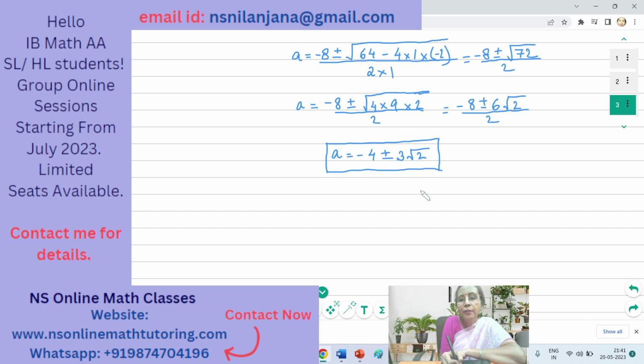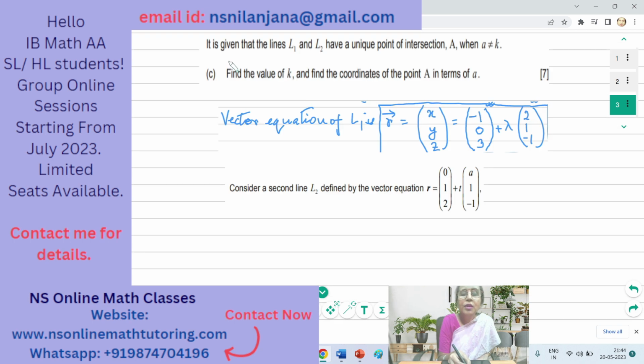So we have completed subpart B. So this is subpart C. It is given that the lines L1 and L2 have a unique point of intersection A. They have to have a unique point of intersection, because in the previous subpart they say that they are intersecting at an angle 45 degrees. 45 degrees means if this is 45 degrees, this is an acute angle, this has to be an obtuse angle.